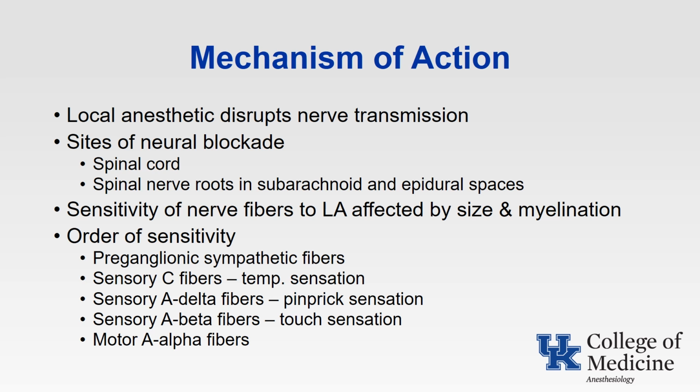Next are the sensory A delta fibers, which carry pinprick or sharp sensation, followed by the last type of sensory fibers, the sensory A beta fibers, which carry touch sensation. The least sensitive of all those nerve fibers is your motor A alpha fibers.